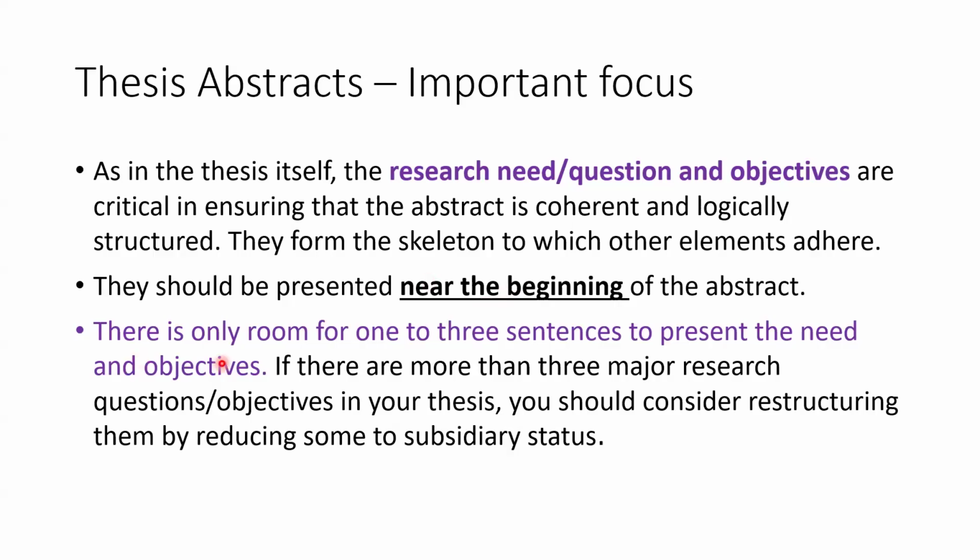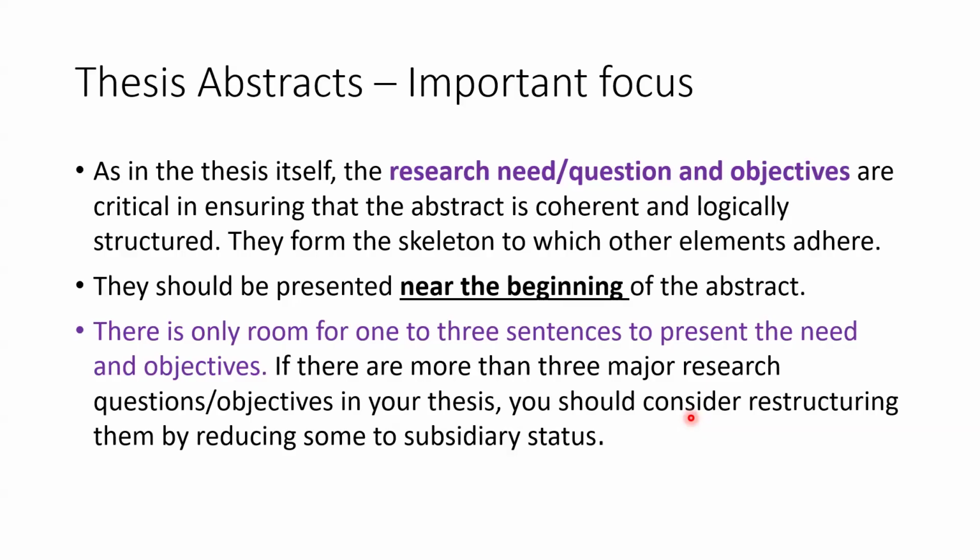And the third bullet point here, there is only room for 1 to 3 sentences. Don't ever think that, if you have 2 pages written on the research need, research problem, and the objectives in your thesis, now in the abstract, you will have just 1, 2, 3 sentences to write about it, right? So you have to always think about what the research problem is, why it is important, what your objectives are. Put that in 1 or 2 sentences.